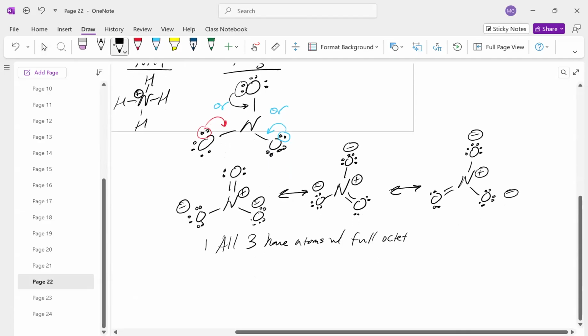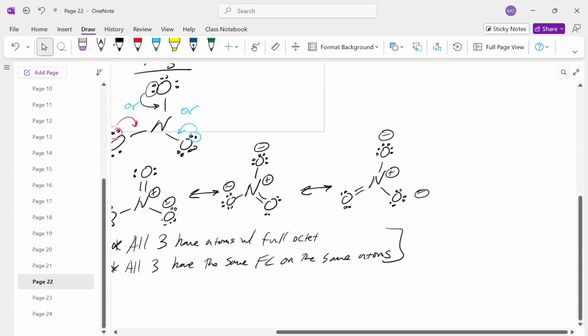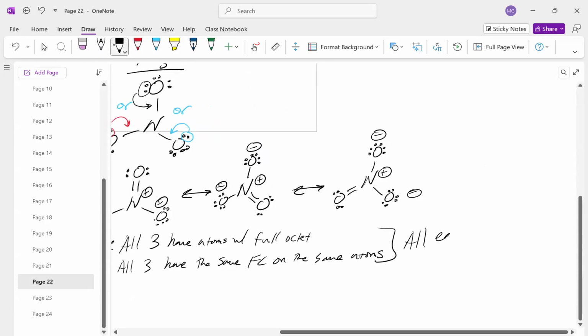So not only do all three structures have atoms with full octets, all three have the same formal charge on the same atoms. So what that basically means is all three resonance forms are equally good.